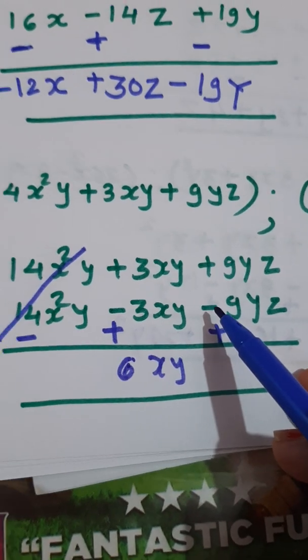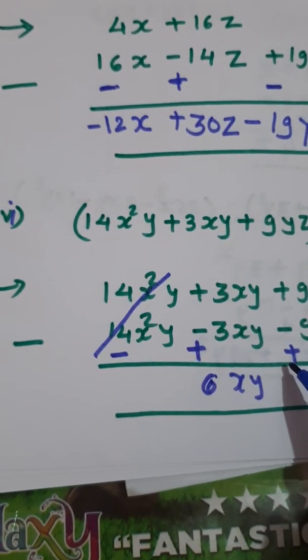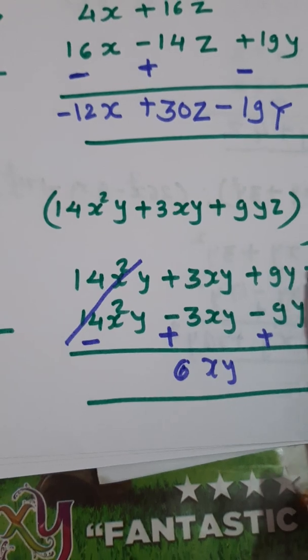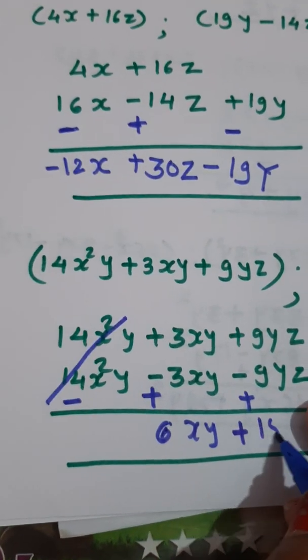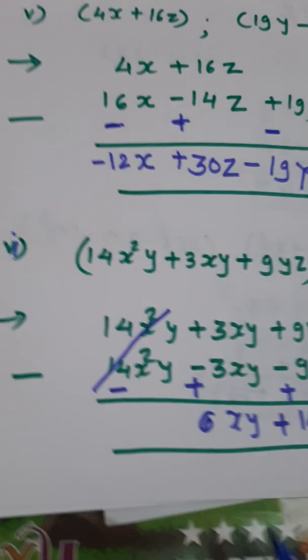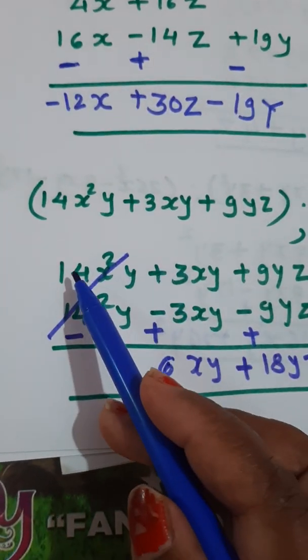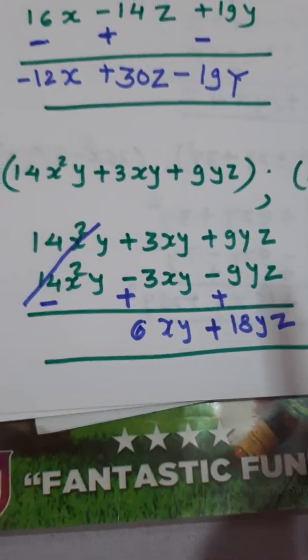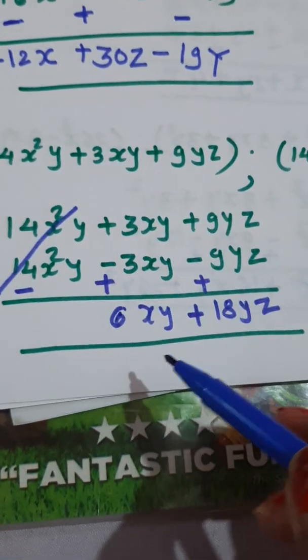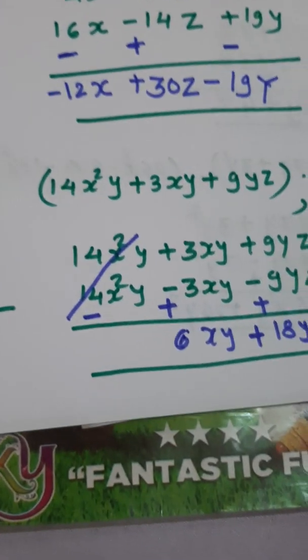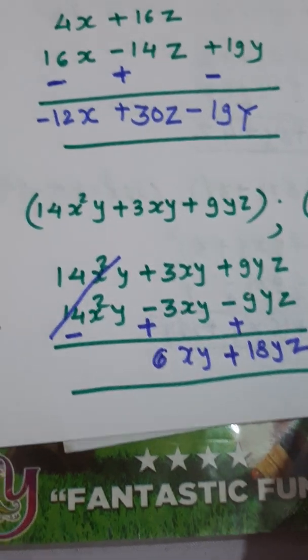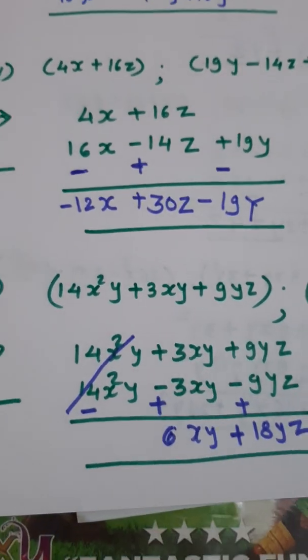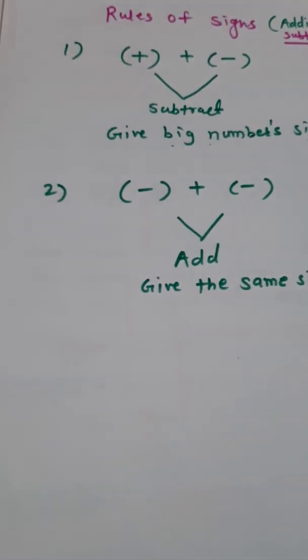Here it is negative, but it becomes positive according to the rule. 9yz plus 9yz, plus 18yz. So here first term gets cancelled because 14 minus 14, 0. No need to write 0 also. So what is the answer of this subtraction of algebraic expressions? 6xy plus 18yz.